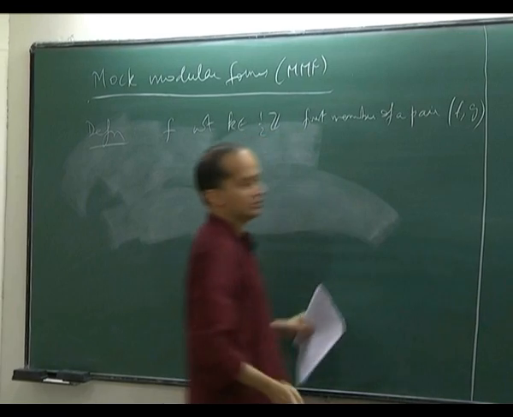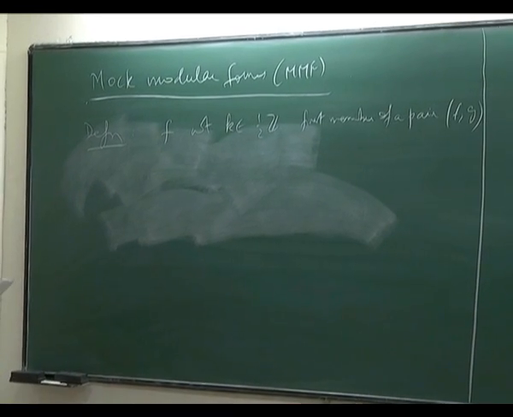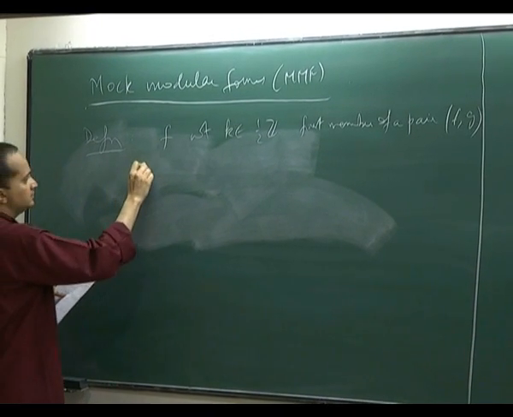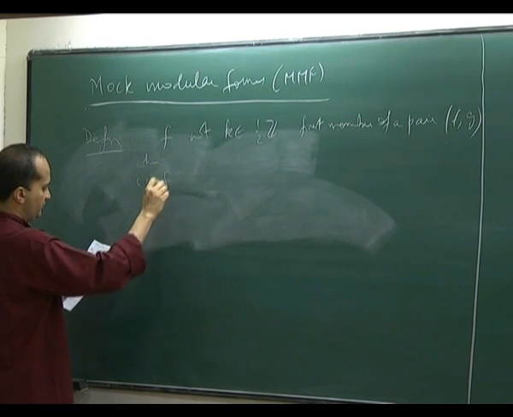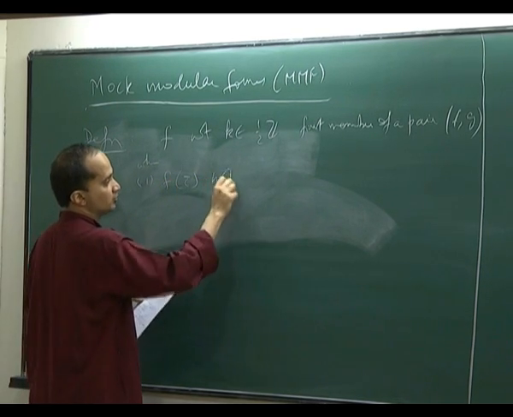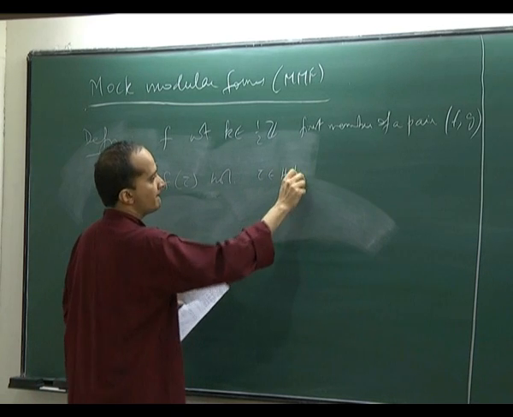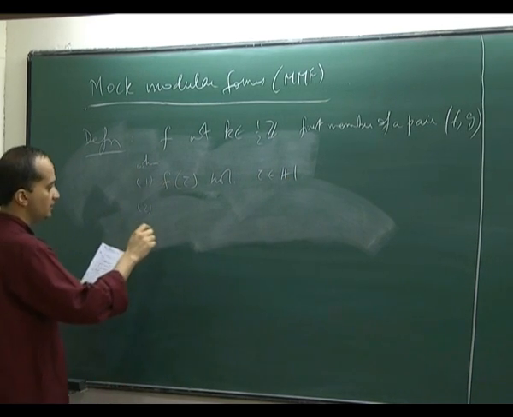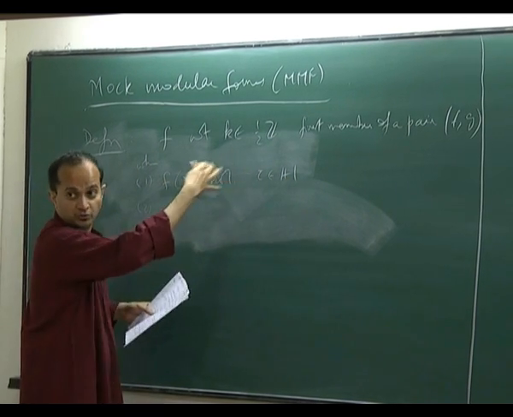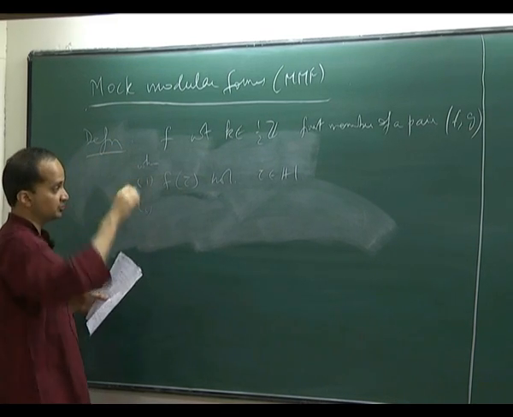So a mock-modular form is actually defined by two functions, f and g, where f of tau is a holomorphic function. Again, you can put some growth conditions to allow for exponential growth if you want.